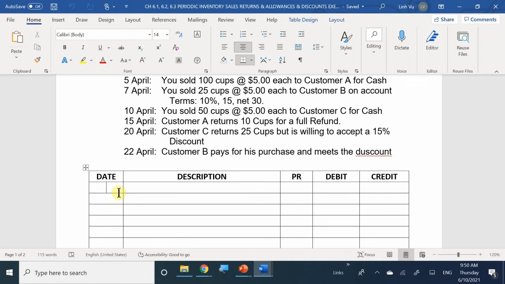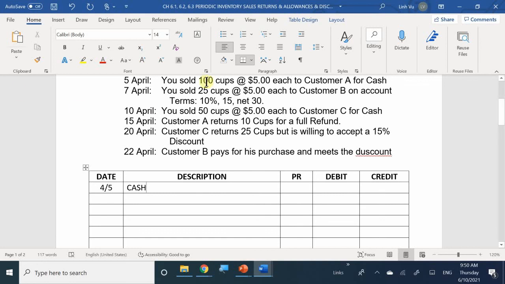We have a cash for 500. Good. Okay, so cash, we're going to recognize cash because we received cash from customer A. All right, and that is good for 500. There's one more thing that you're forgetting for this transaction, right?